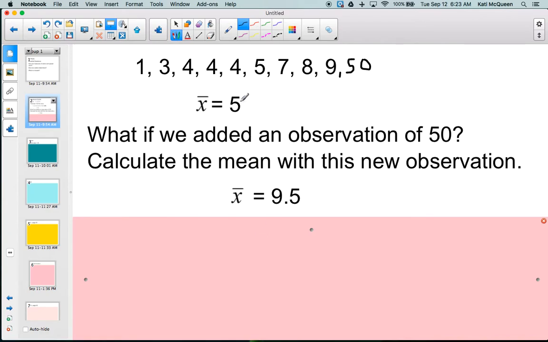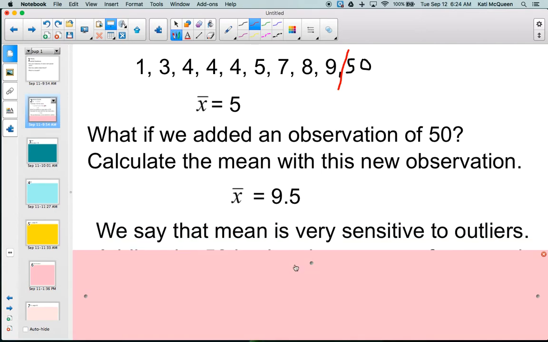So even though it doesn't look like there's a huge difference between 5 and 9.5, before 5 kind of fell right in the middle of our data, or pretty close to it. Now our x bar is 9.5, which is kind of right in here. 9.5 is bigger than all but one of our observations, so that is a pretty significant change for this data set, going from 5 to 9.5.